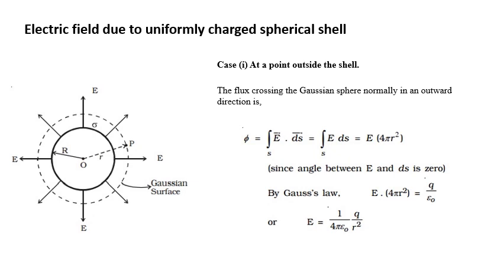The flux crossing the Gaussian surface in the outward direction can be written as E dot dA, or E dS, since both are in the same direction. So we know that the total surface area of the sphere will be 4 pi r squared. So this is E into 4 pi r squared.